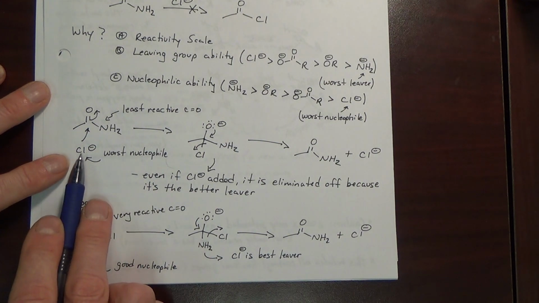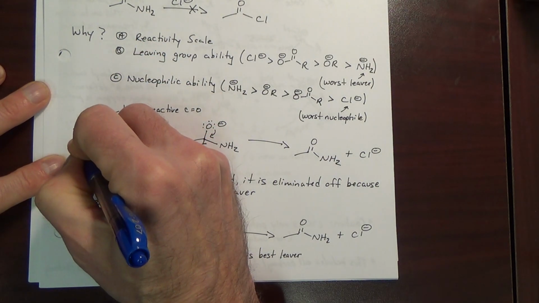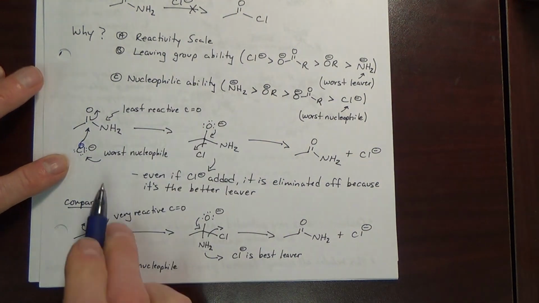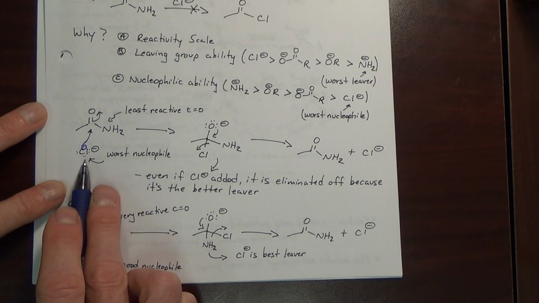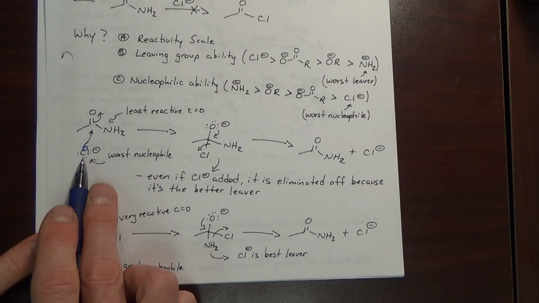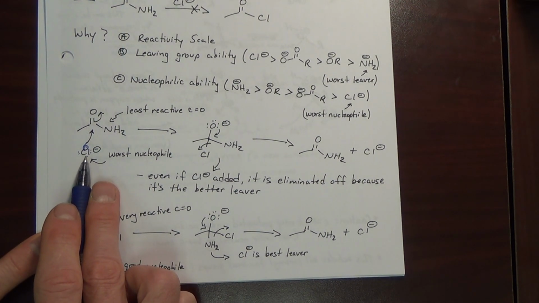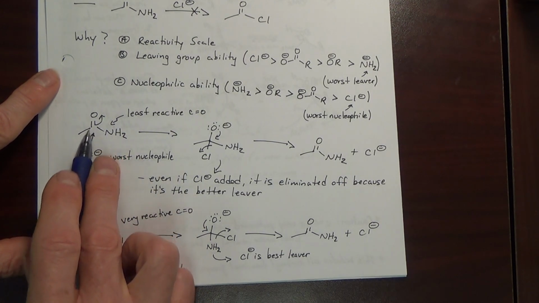You would have to use Cl- as the nucleophile. Well, it's a pretty poor nucleophile. It can act as a nucleophile, but your halides are not great nucleophiles. Iodide would be better.